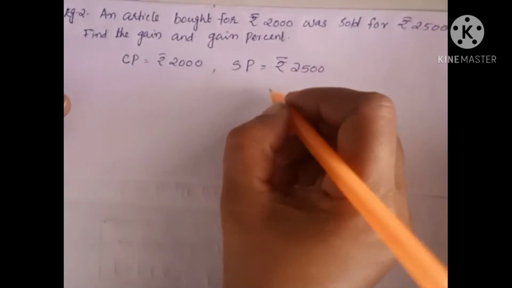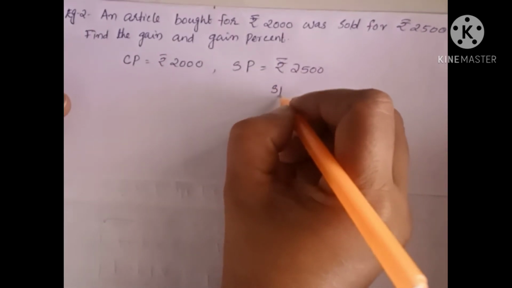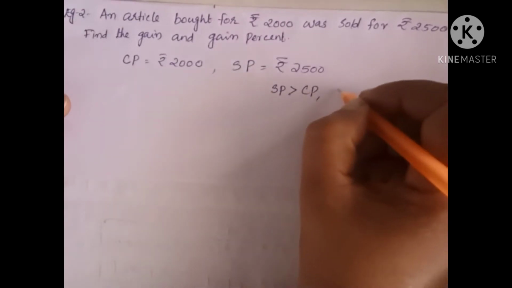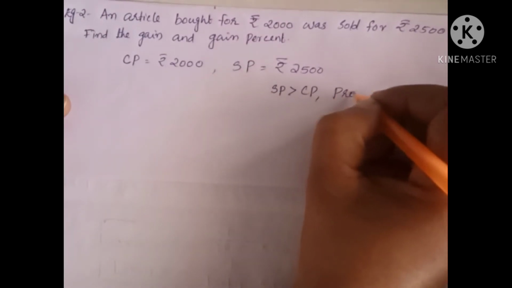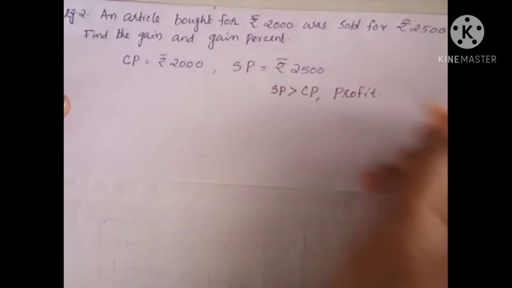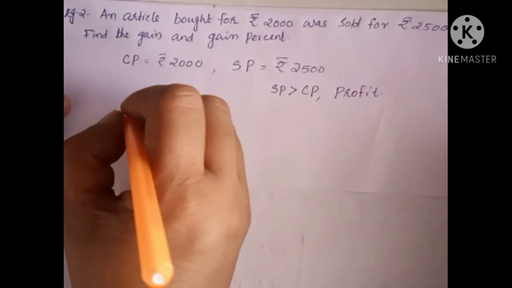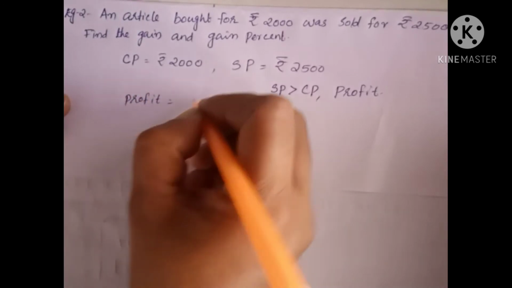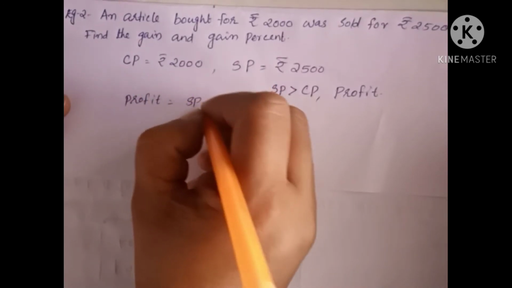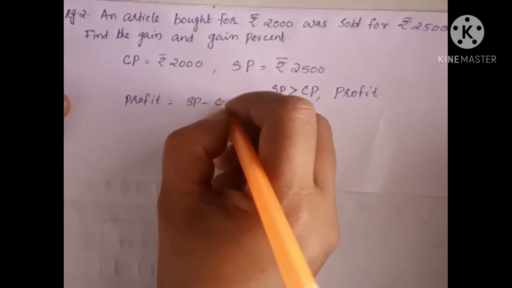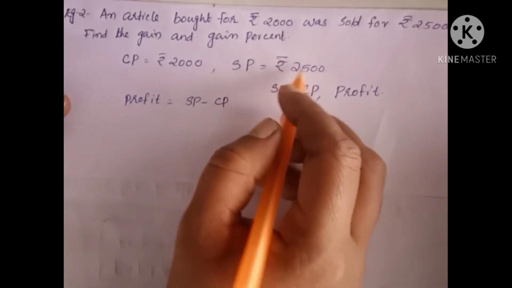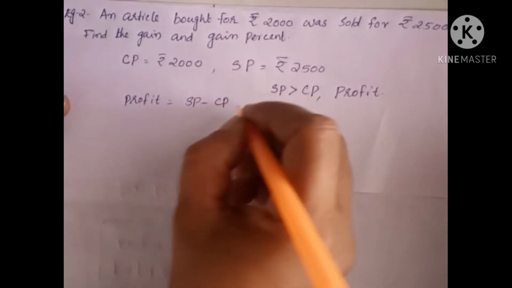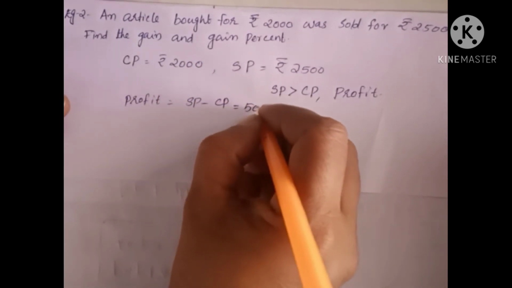Here SP is greater than CP. Then there is profit. Then profit equals SP minus CP. 2500 minus 2000 equals 500 rupees.